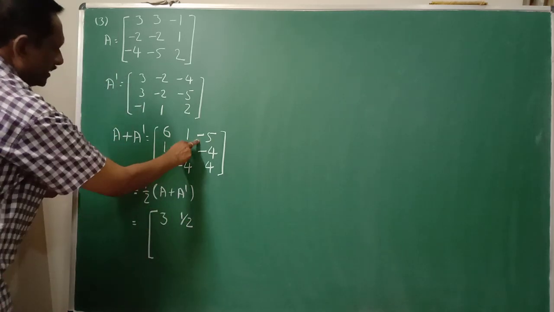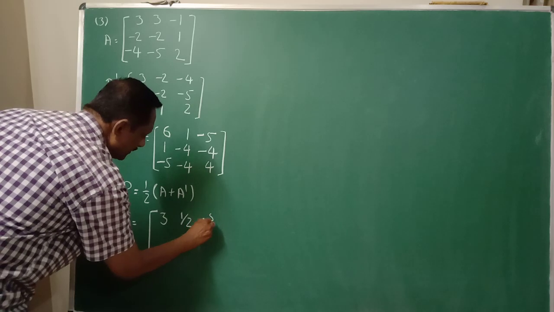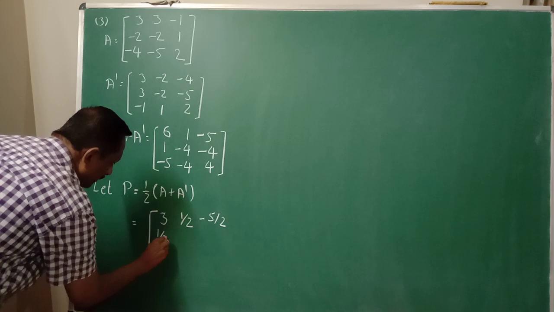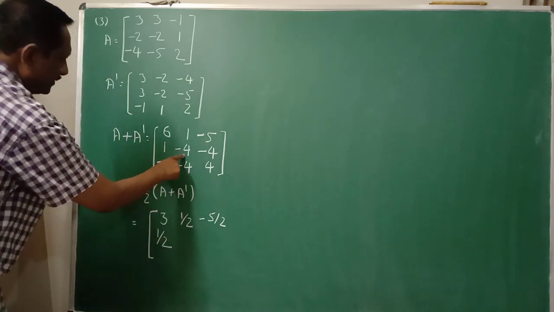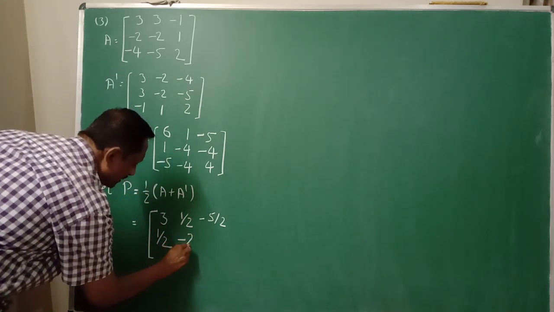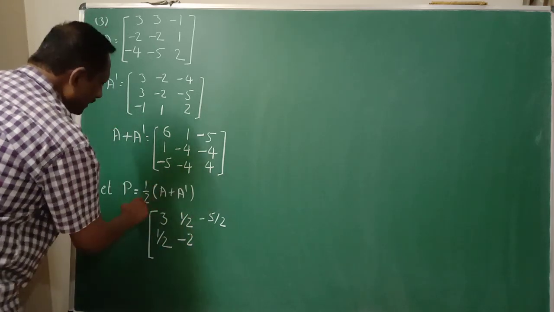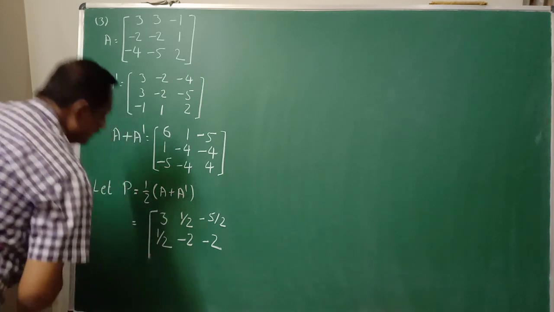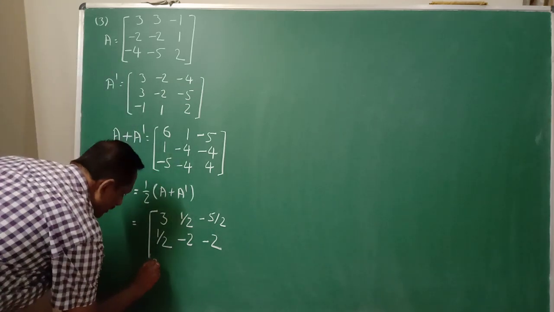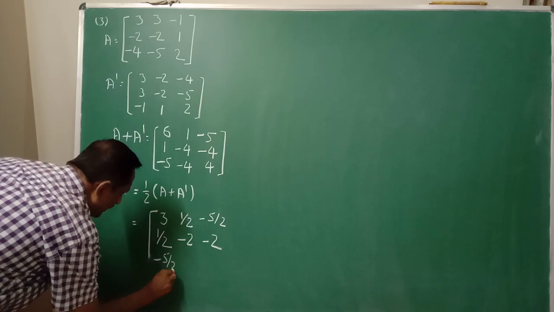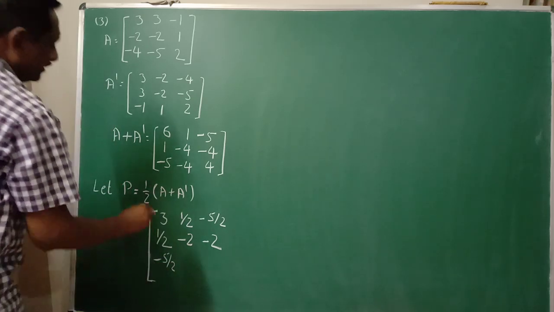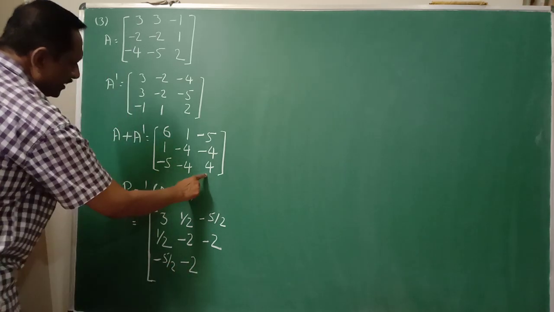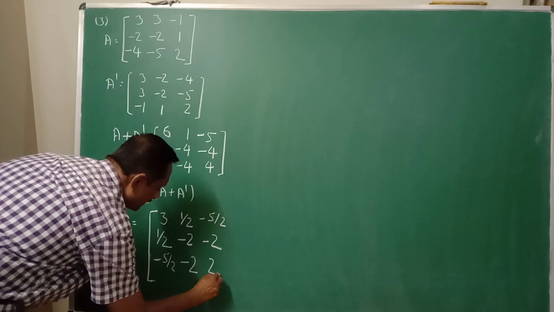Minus 5 into 1 upon 2 is minus of 5 by 2. 1 into 1 upon 2 is 1 divided by 2. Minus 4 into 1 upon 2 is minus 2. Minus 4 into 1 upon 2 is minus of 2. Then minus 5 into 1 upon 2 is minus of 5 divided by 2. Then minus 4 into 1 upon 2 is minus 2. 4 into 1 upon 2 is plus 2.